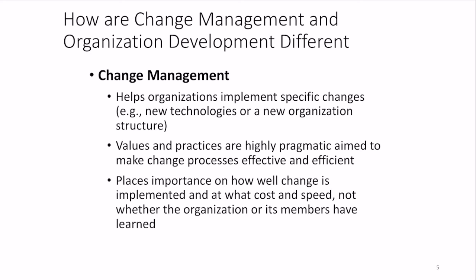And the processes are more effective because of that. And it also places, as you see here in the third point, importance on how well change is implemented and at what cost and speed, not whether the organization or its members have learned.